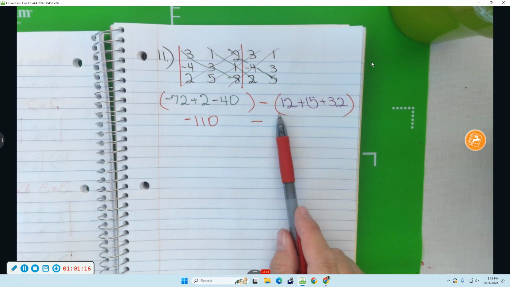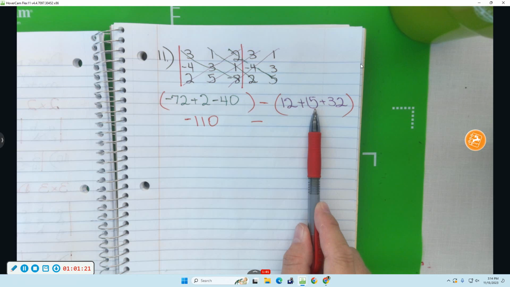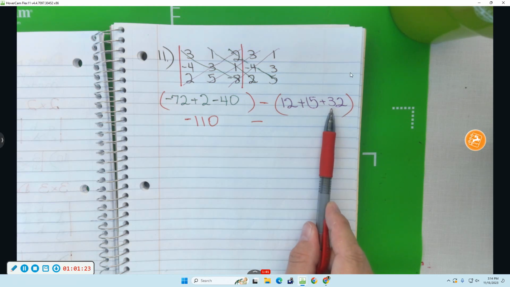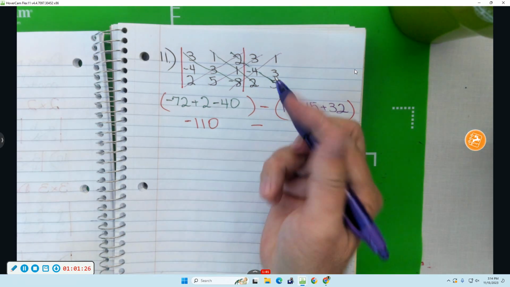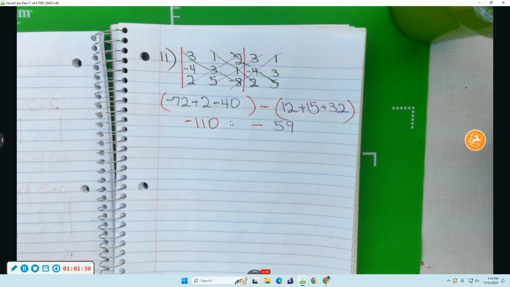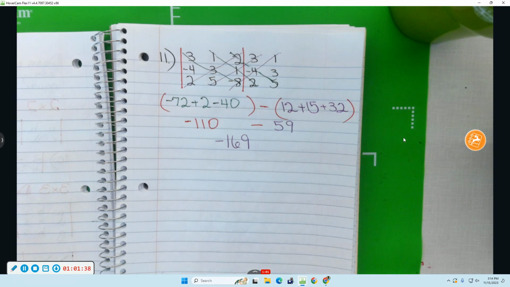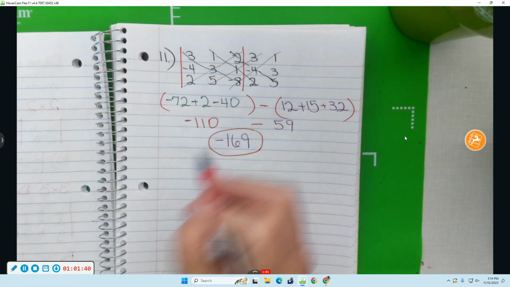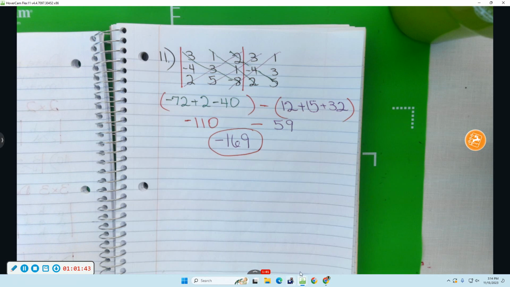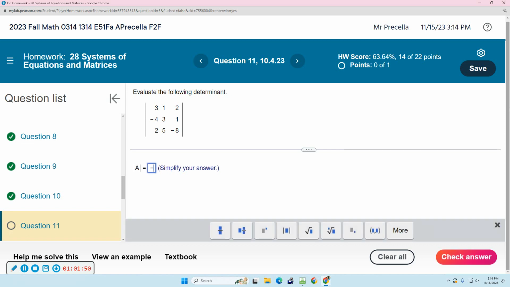Now work inside the second set of parentheses. 12 plus 15 is 27. 27 plus 32, is that 59? Negative 110 minus 59, is that giving me a negative 169 for the determinant? Agree or disagree? Yes? Okay. Let's see if I'm right. We'll punch it in there.